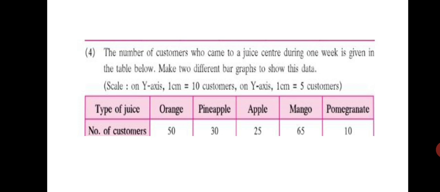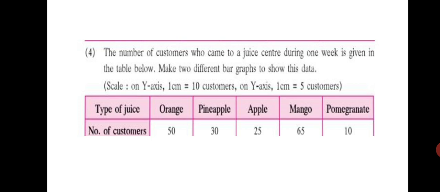And the other bar graph has a different scale: on the y-axis 1 centimeter is equal to 5 customers. Is it possible to draw 2 different graphs with different scales? Yes, if the table numbers are divisible by those numbers. The type of juice the customers had and the number of customers is given in the table.